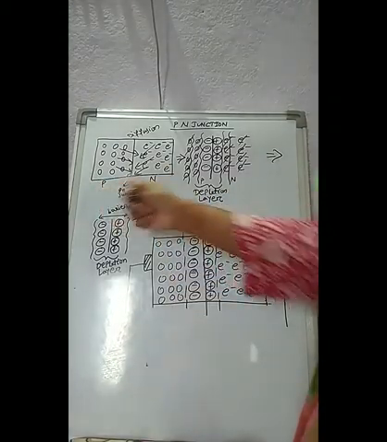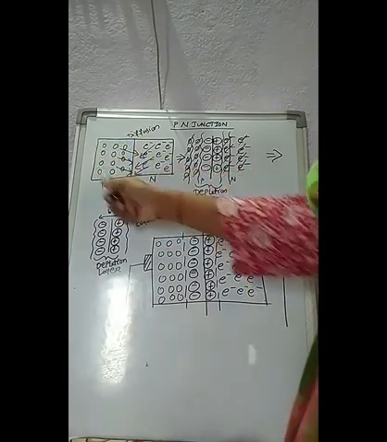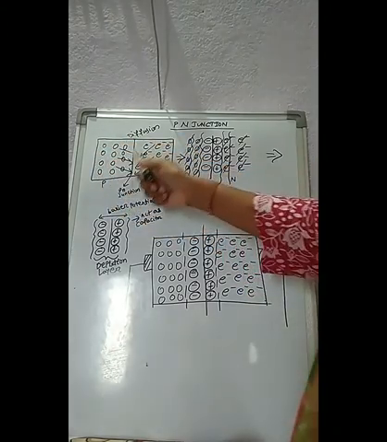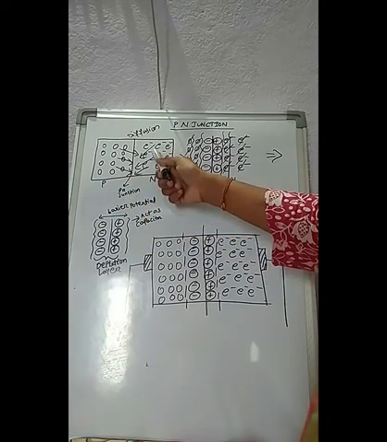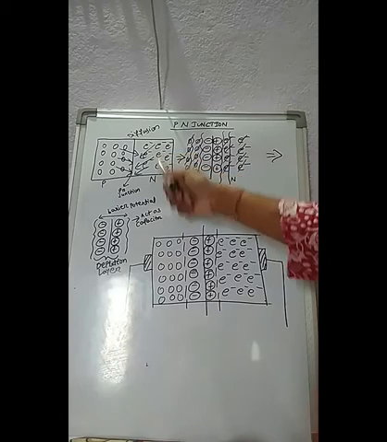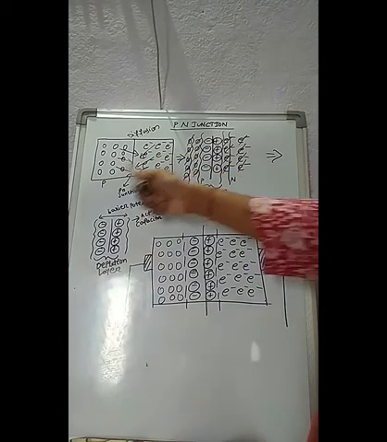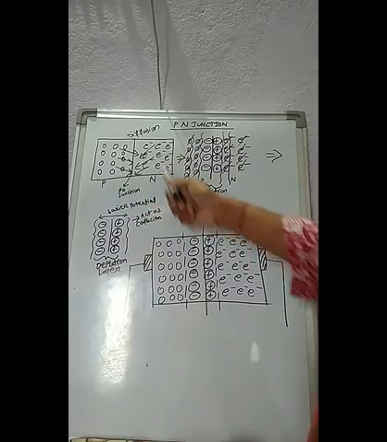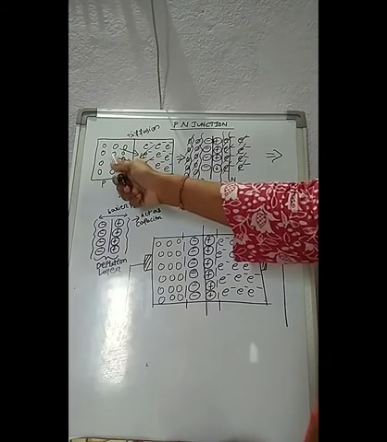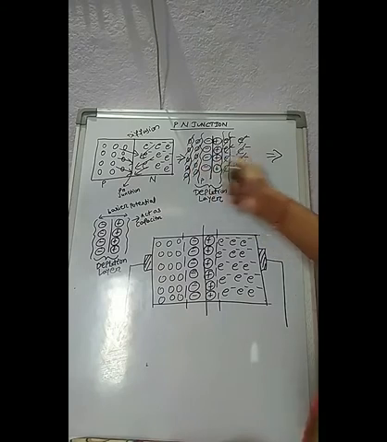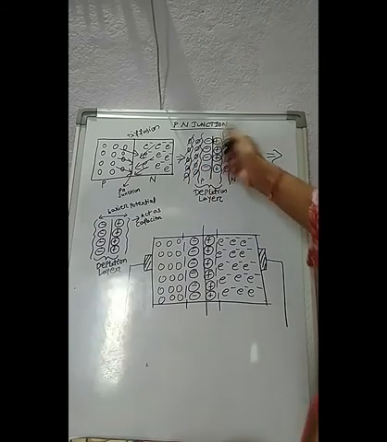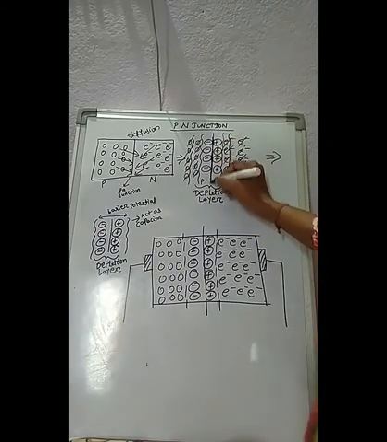So this is the P and N layer. Here the holes are majority carriers and electrons are minority charge carriers. In the N layer, electrons are majority charge carriers and holes are minority charge carriers. When the P layer diffuses with the N layer, there is diffusion between holes and electrons. This line is the PN junction line.